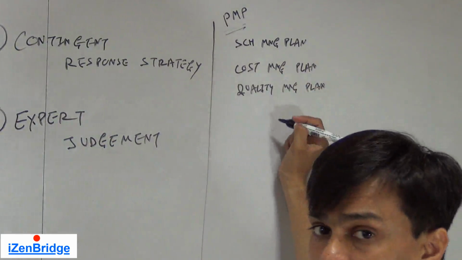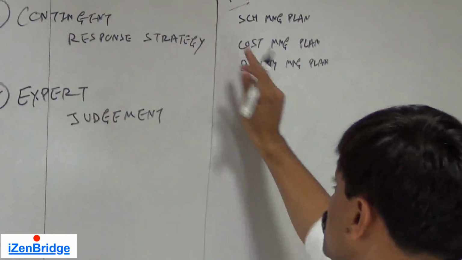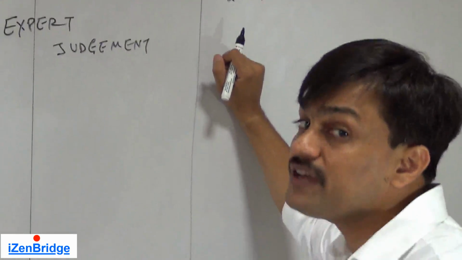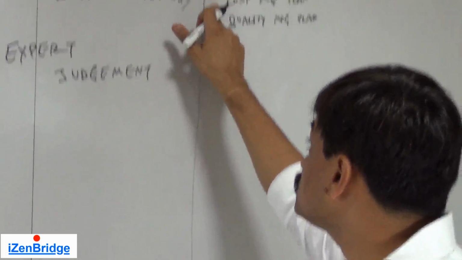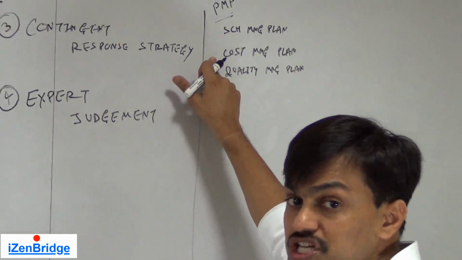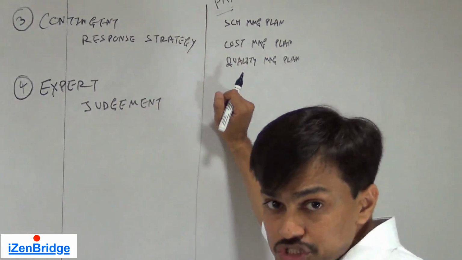Now approach is like, if this is a risk, let us try to control the schedule at a daily level. So the schedule management plan will get changed, because initially we had thought of doing schedule management at a weekly level. If this will happen, let us put some more control mechanism for our cost, change the precision level, change the accuracy level for our cost estimates. The cost management plan will get changed.